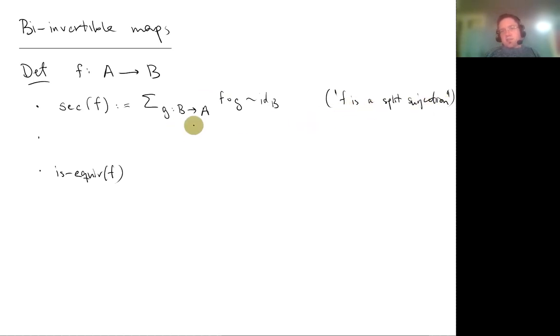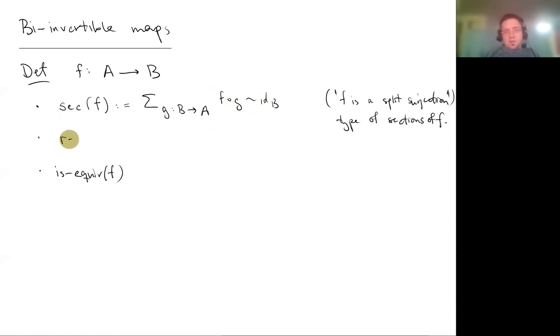But it's the type of sections of f, because this homotopy means that g is a section of f, and when we take the sigma type of a g and this witness that g is a section of f, we get the type of sections.